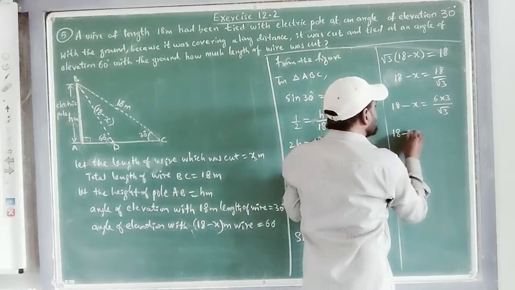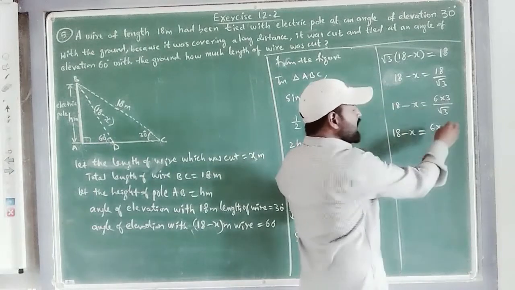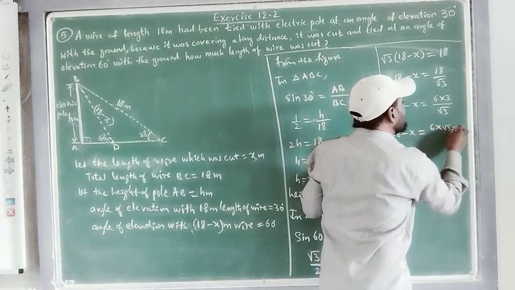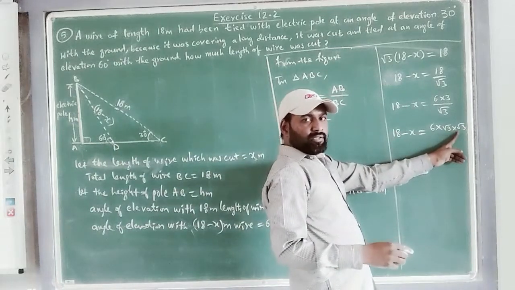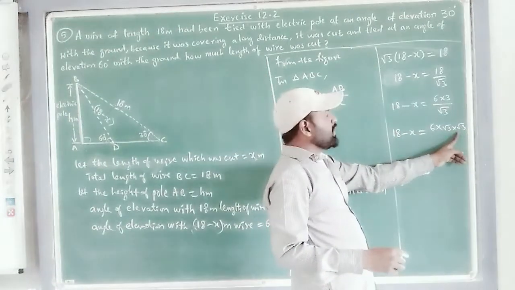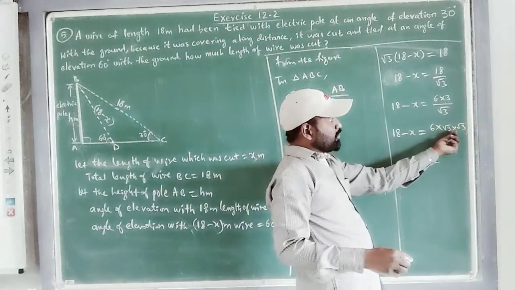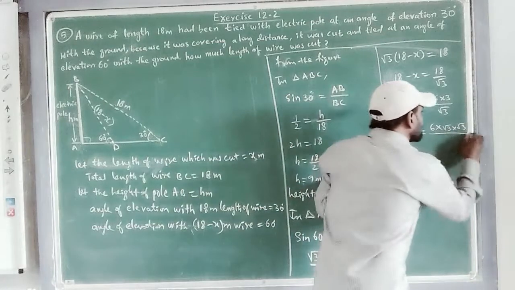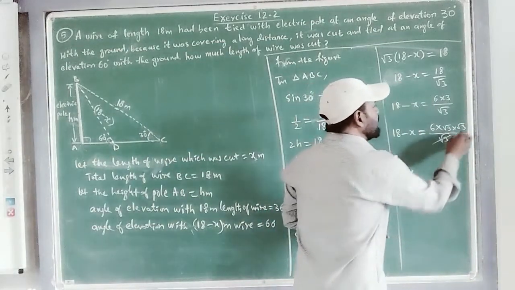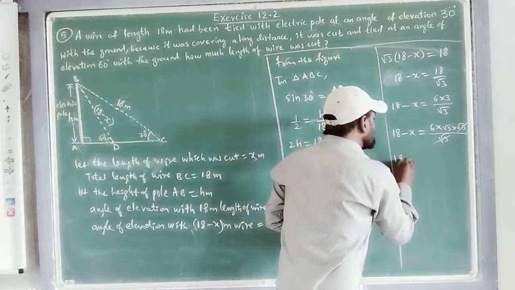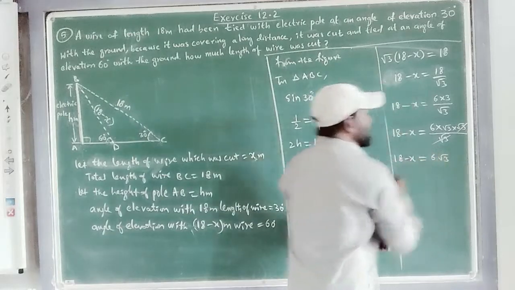Now 6 I am writing as is, but 3 I am writing as root 3 into root 3, because in the denominator I have root 3, so that I can simplify. Root 3 gets cancelled. Remaining is 18 minus x is equal to 6 root 3.